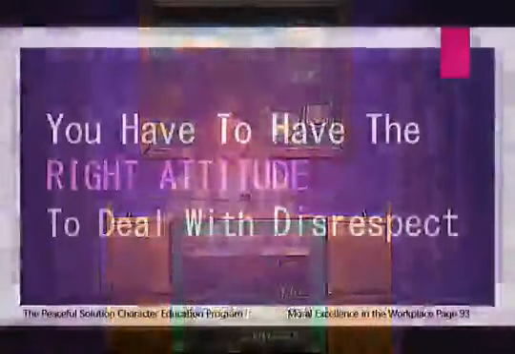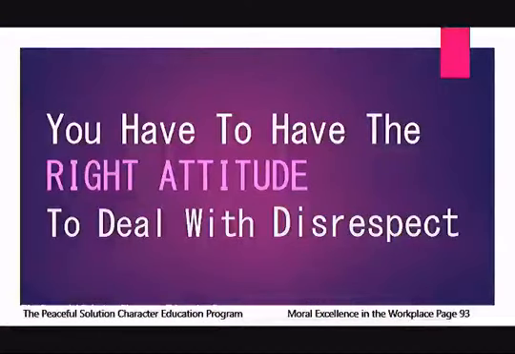All right, so let's go over to page 93. It says, you have to have the right attitude to deal with disrespect. Okay, now you might be asking yourself, what is the right attitude to deal with disrespect? How can I possibly have a right attitude when I'm being shown disrespect?